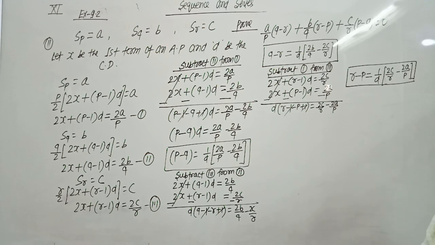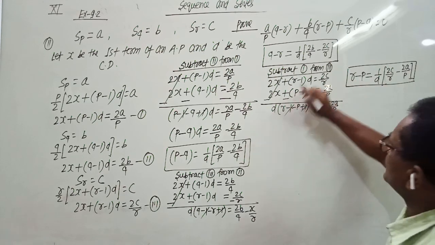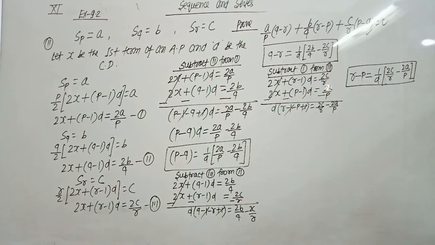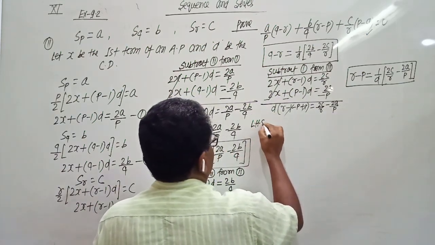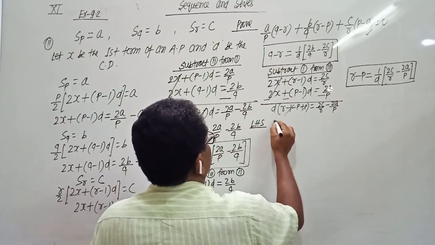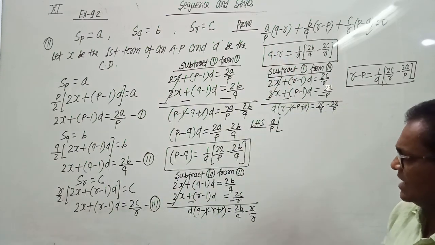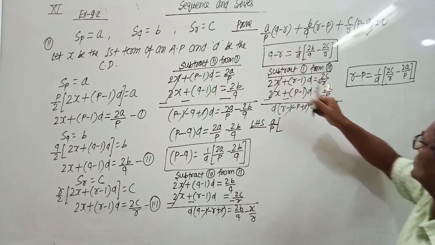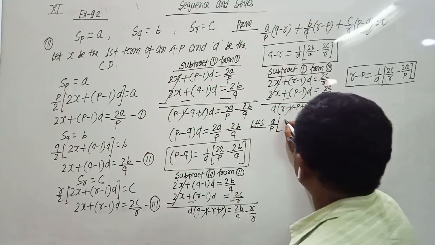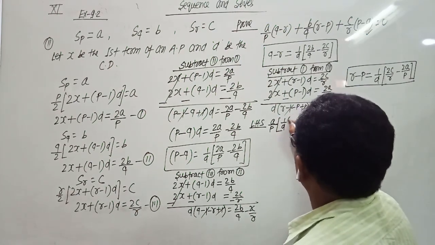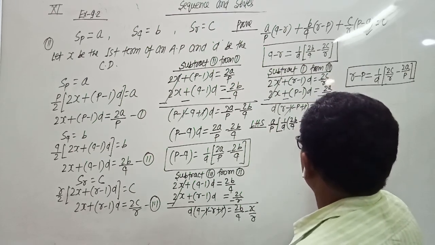So we calculated the values of p - q, q - r and r - p. All these values will be substituted in the LHS. In the LHS, which we have to prove, A/p as it is, and in place of q - r we put the value 1/d (2B/q - 2C/r).